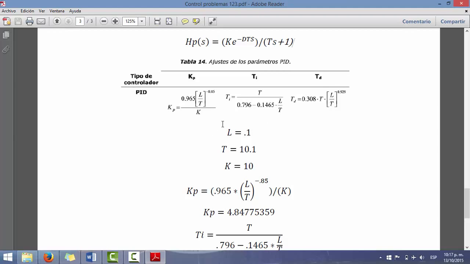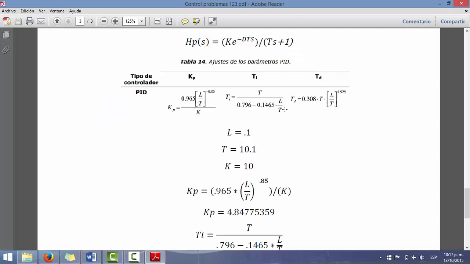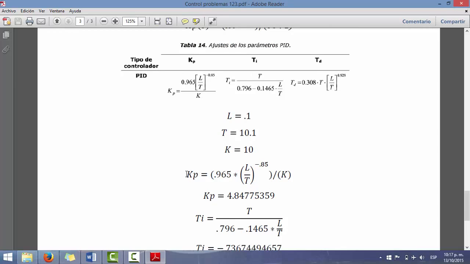We remind that the value of L was 0.1, the value of T is 10.1, and the value of K was 10. So we now have these formulas for Kp, for Ti, and for Td that we will not use.